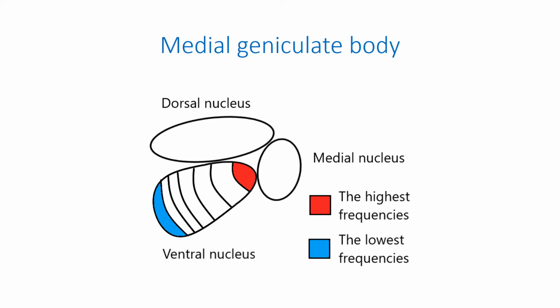Firstly, it possesses many GABAergic Golgi type II cells whose axons do not leave the metathalamus, being intrinsic inhibitory neurons.